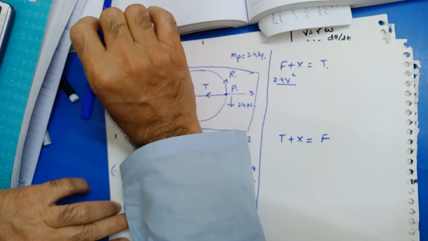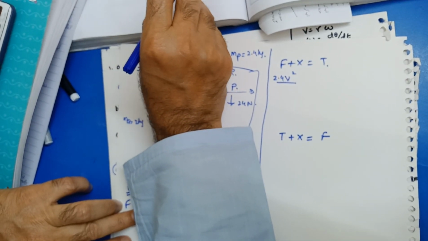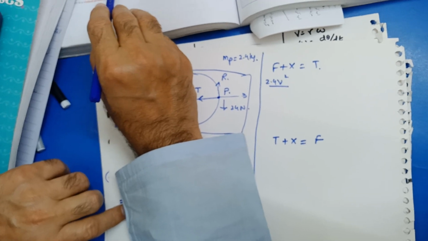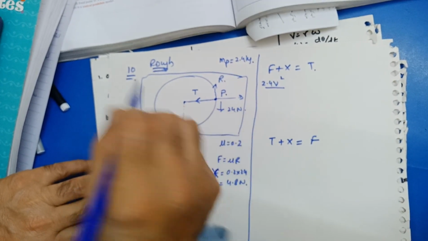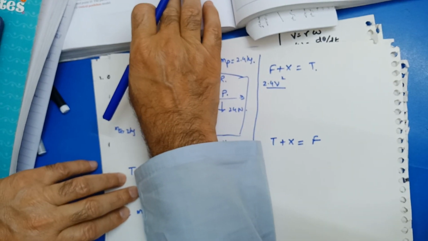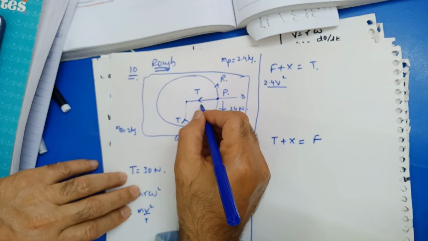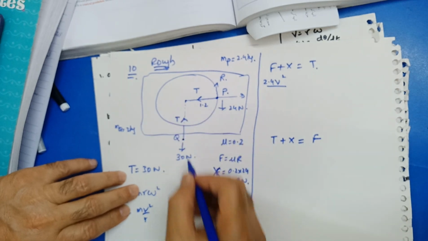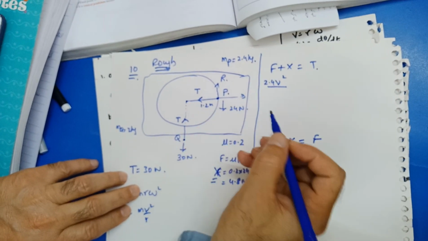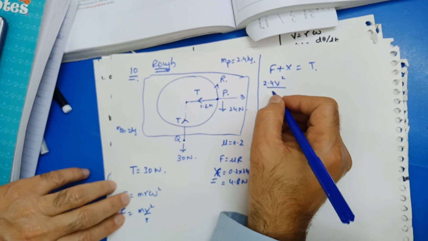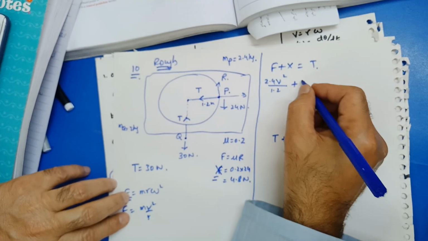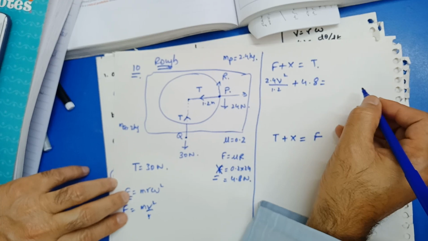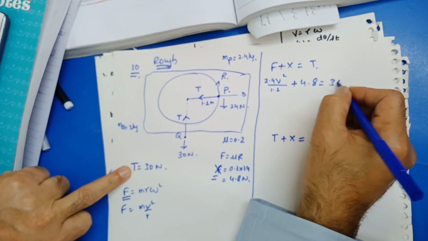The particle P is attached to this, oh yeah, this is length 4 meters. Basically the whole string's length is 4 meters, so this part is 1.2. So this is over 1.2 plus this X, which is 4.8, and that is going to be equal to T, which is going to be 30.